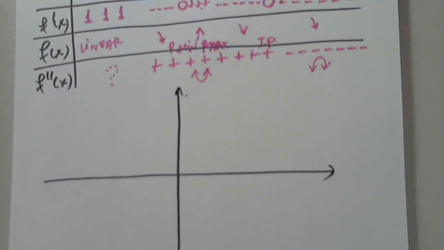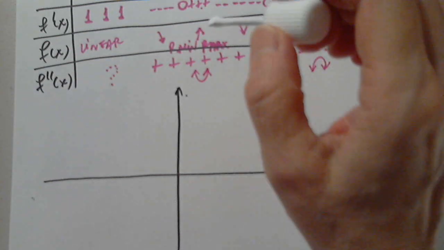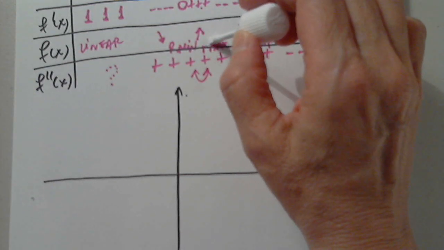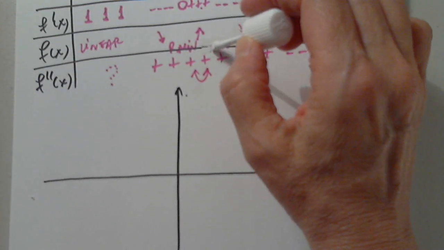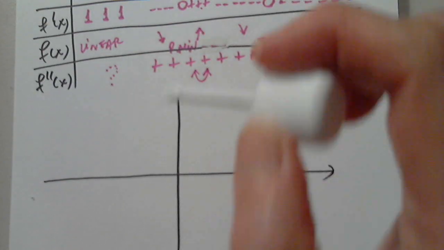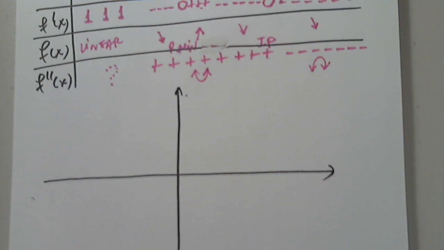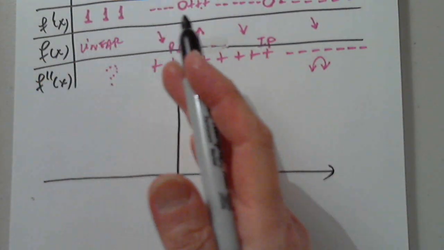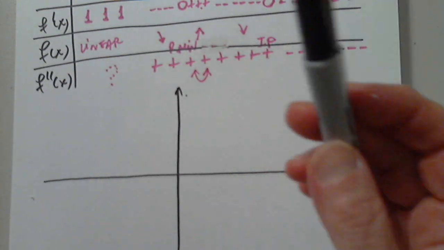So because of this new information that we have in there, I have to remove the relative max, because it appears that there is an asymptote there. Okay, so let's take it from left to right. It's a very interesting problem.